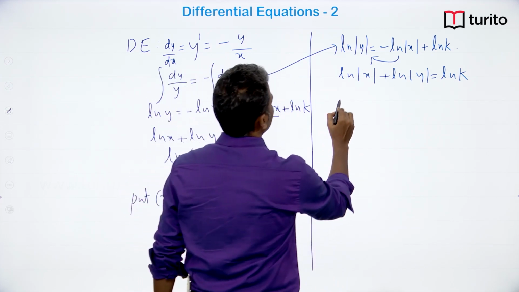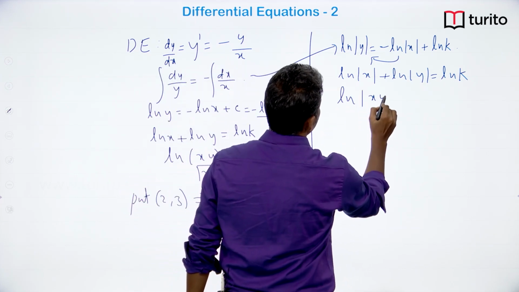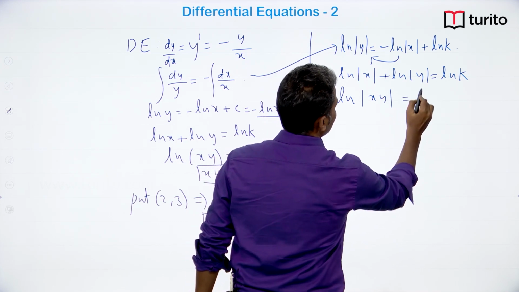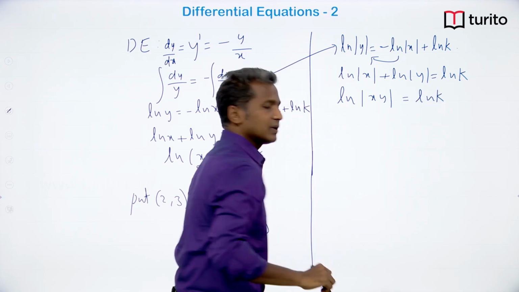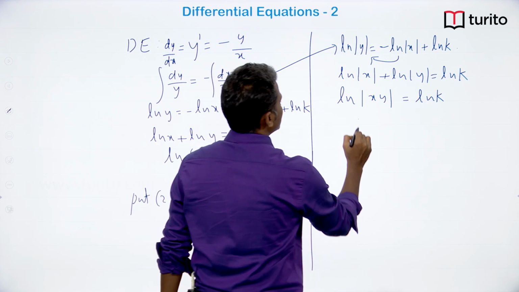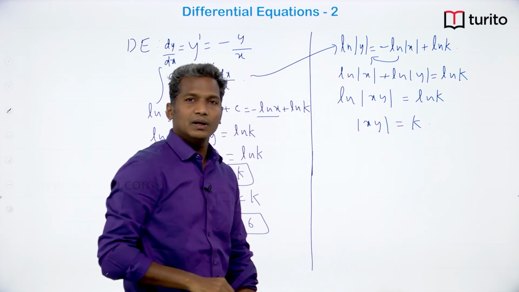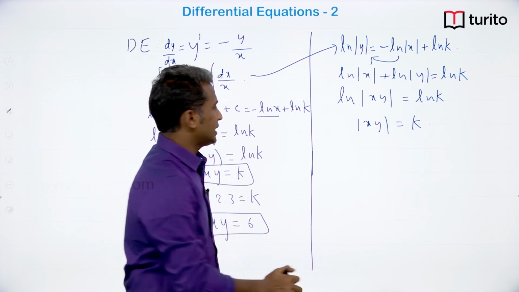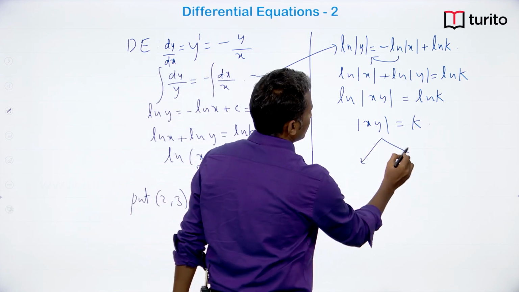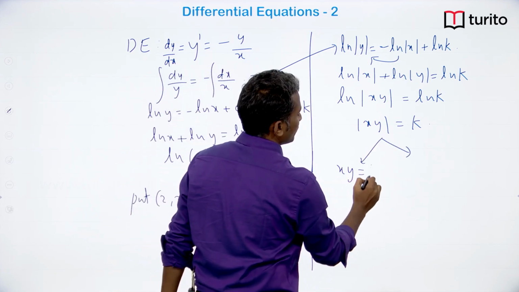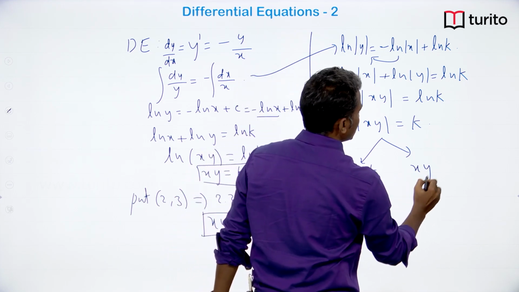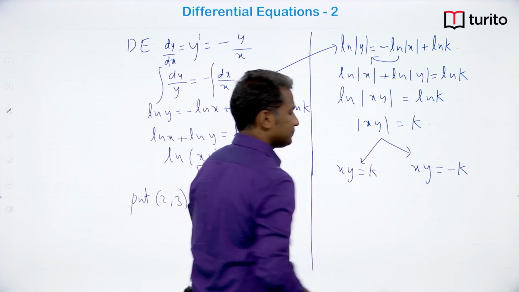Now further we can club both of them and write mod of xy is equal to k. So this will lead to two possibilities. One possibility is xy equal to k, other possibility is xy equal to minus k.